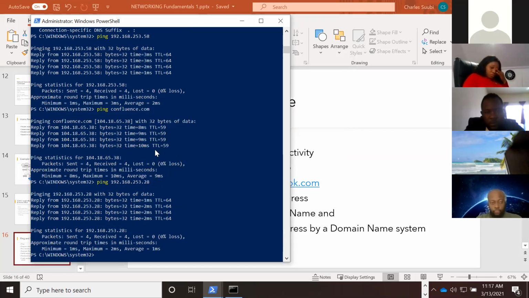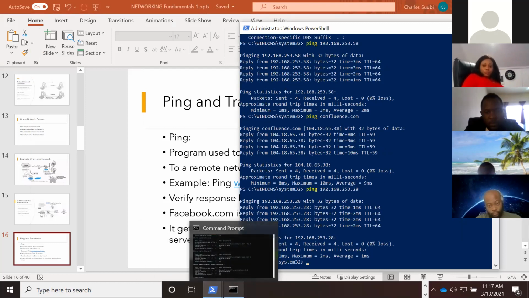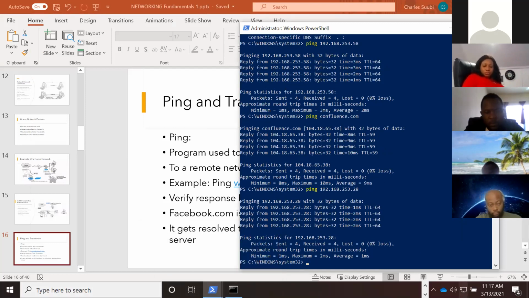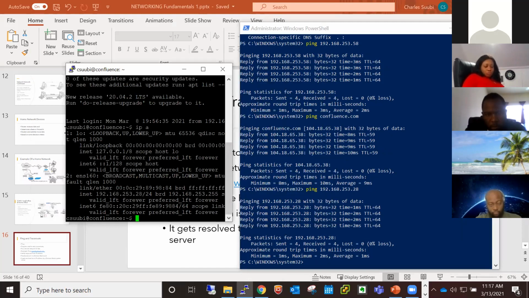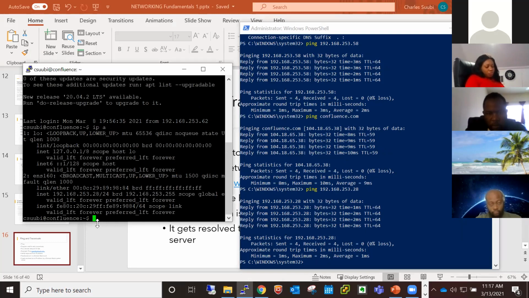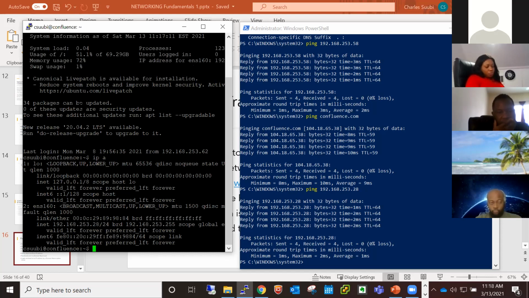All right, guys. So when someone comes and tells me, Charles, Confluence is down, I cannot reach Confluence, which is a server that we use for sharing information within our environment here at work. Later on, I know I'm feeding you too much, but right now I use PuTTY to access a Linux server right here. My server has this IP address, and I was able to ping that server.